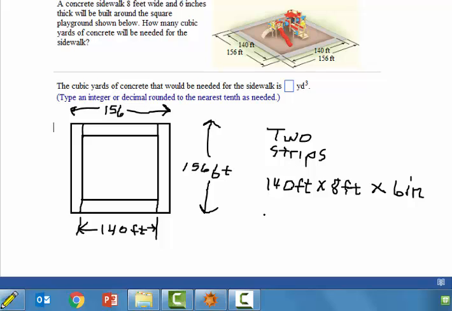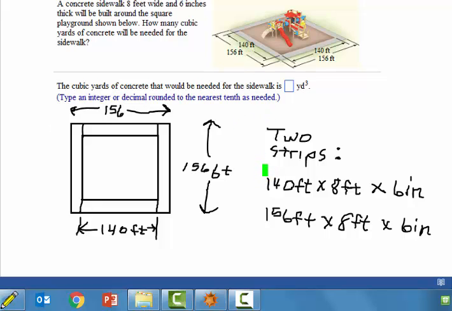And we also have 2 strips that are 156 feet by 8 feet by 6 inches.